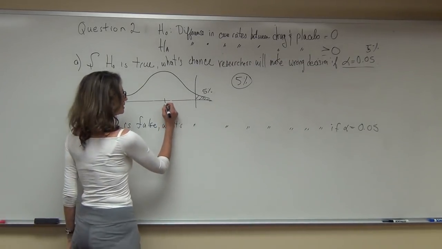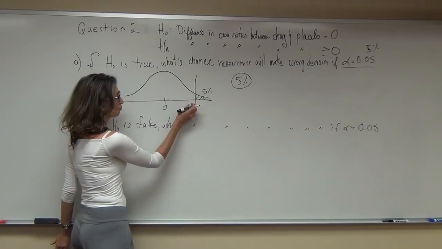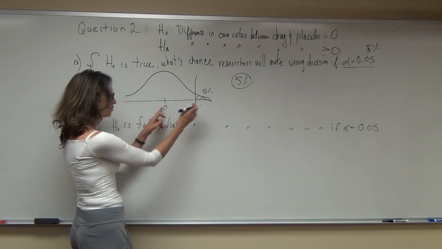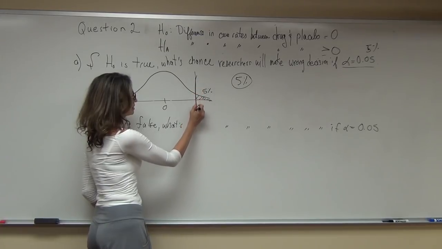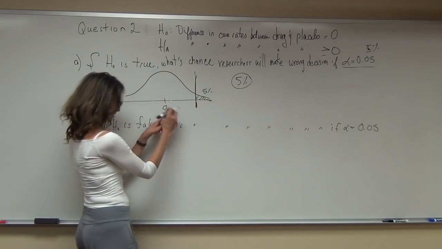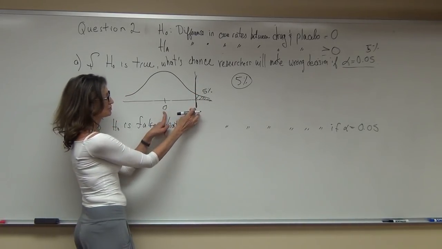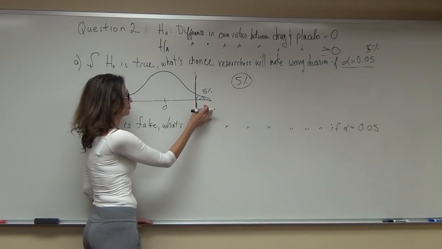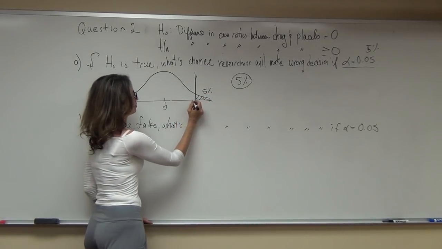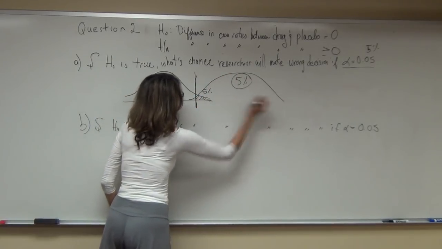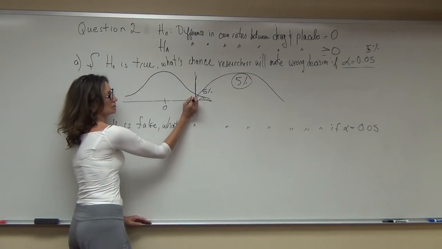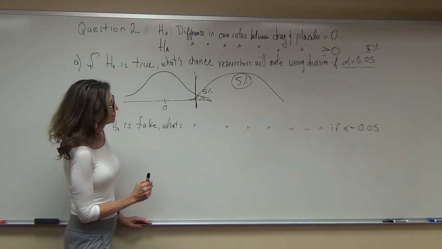Well, doesn't that depend on how well the drug works? Let's say it works, it's not 0. Let's say the null is true, there's a different distribution, right? Well, that depends. If it works really well, is very far away, then there's just going to be a tiny chance of making a mistake.